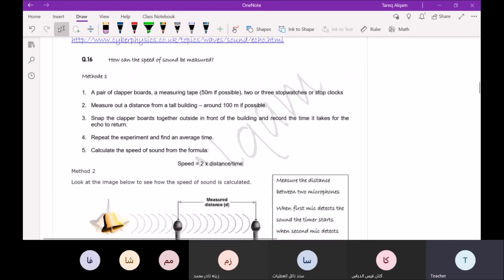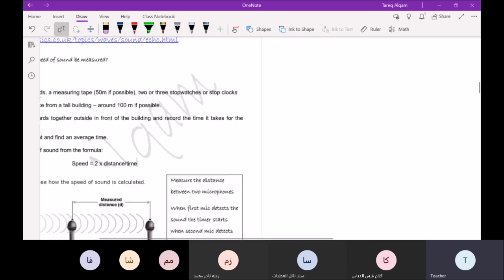Okay, guys. I want to measure the speed of sound using the concept of the echo. I have to bring two pairs of clapper boards, a measuring tape, and 2 or 3 stopwatches or stop clocks. Let's say this is a wall. This wall should be more than 50 meters away from the source of sound.